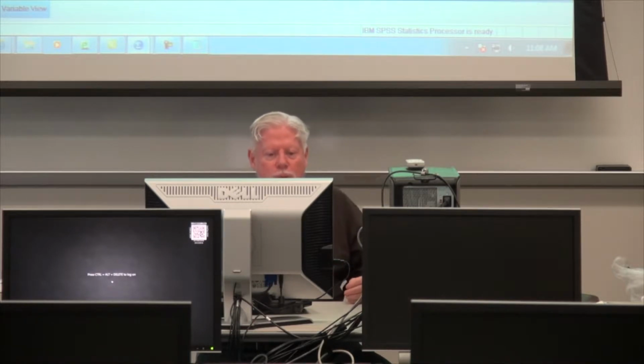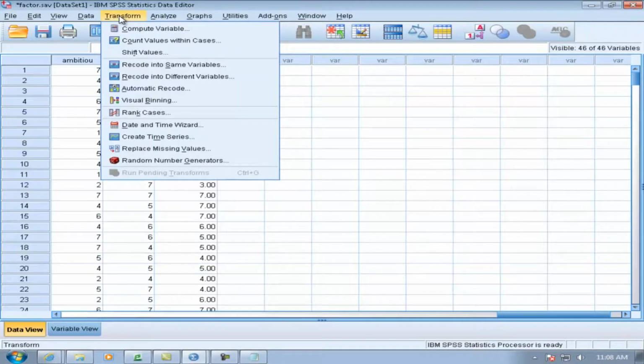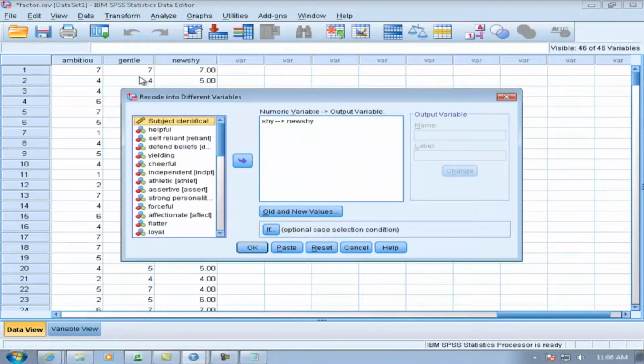Okay. New soft spoken. Let me go back here to transform again. Recode into different variable, because that's what I was doing. And this time we're going to... What was the name of it again?